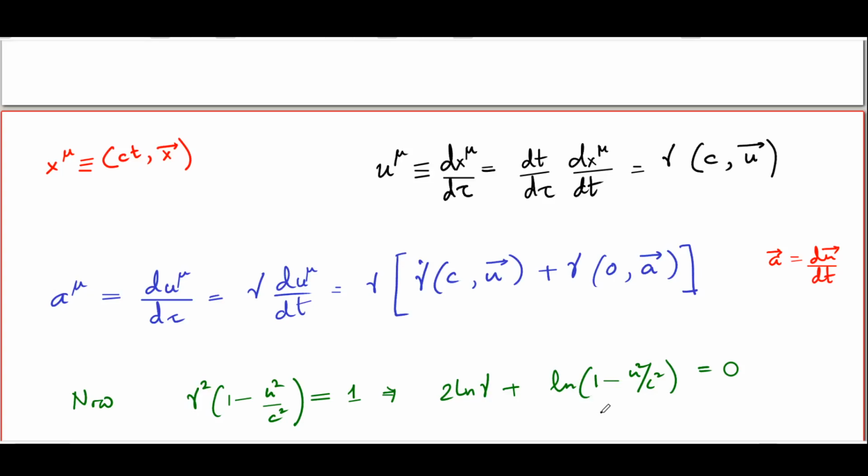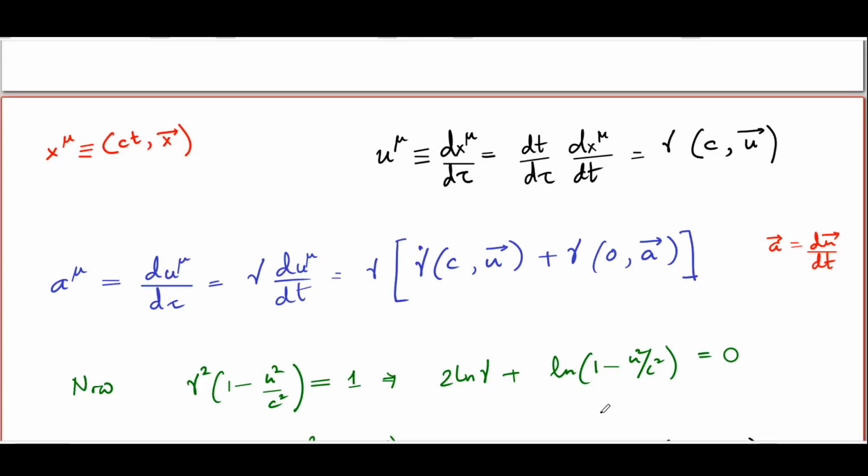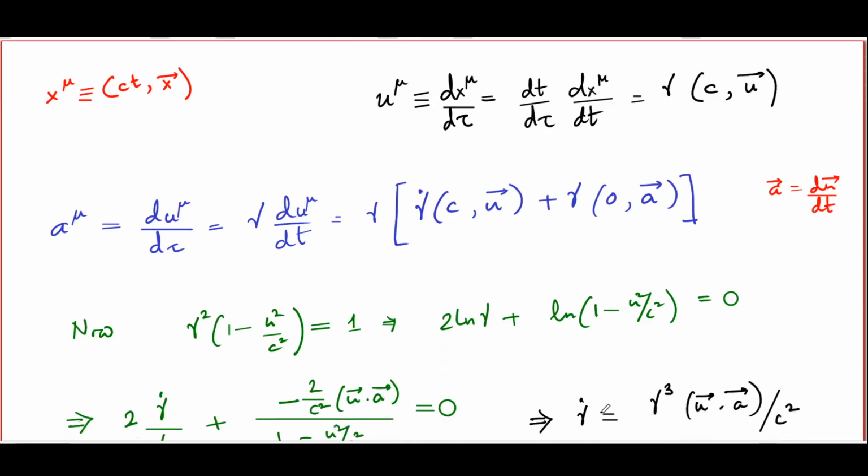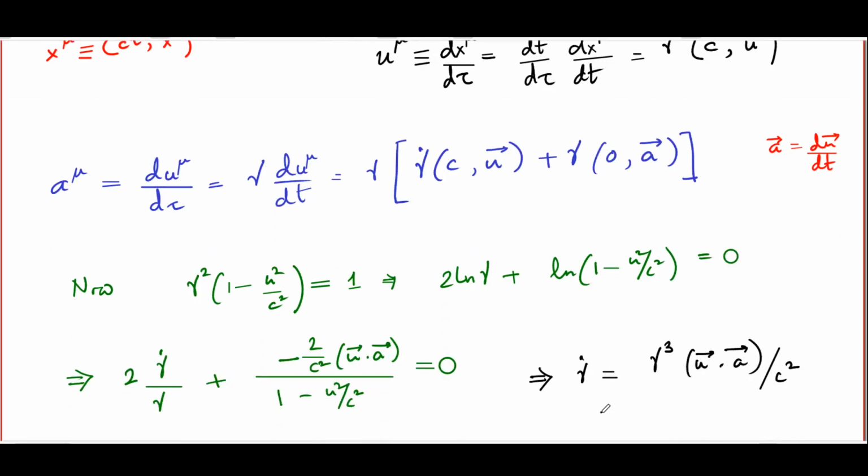If we now differentiate both sides of this equation, I am going to get twice gamma dot by gamma from log gamma. And from log of (1 minus u squared by c squared), I am going to get 1 over (1 minus u squared by c squared) multiplied by the derivative of minus u squared by c squared. That of course gives us a factor of minus 1 by c squared in the numerator. But in addition to that, you are differentiating u squared.